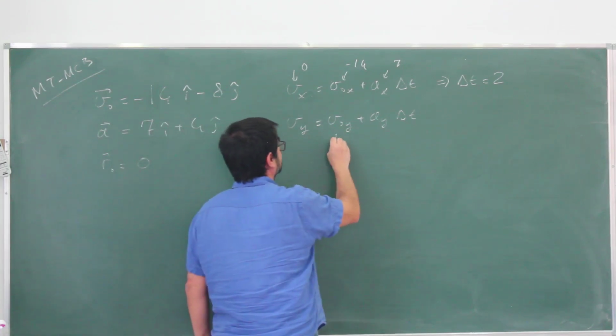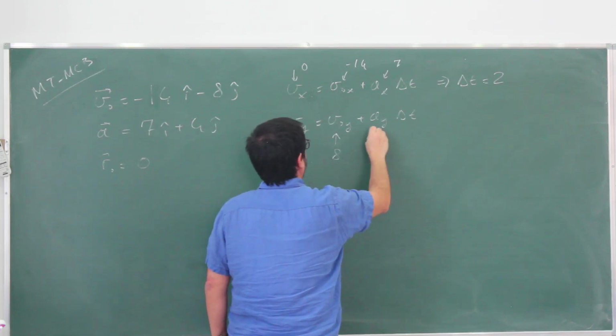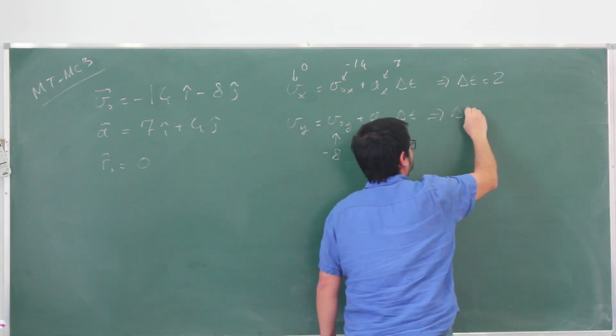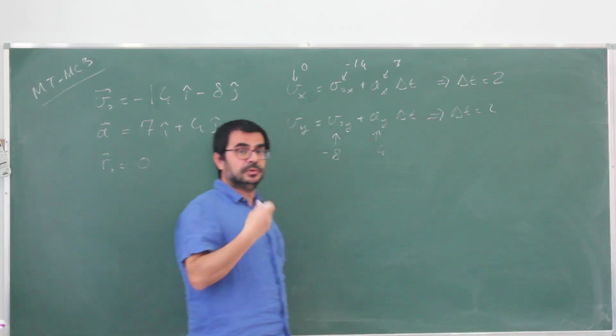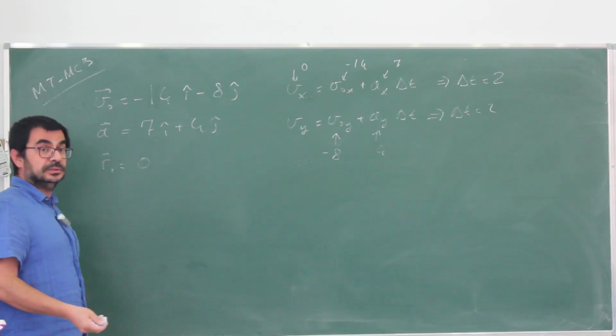And likewise, this is minus 8, this is 4, and so delta t from here is also 2 seconds. So at 2 seconds, both components of velocity vanish, it comes to a rest. Now at 2 seconds, what will be the positions?